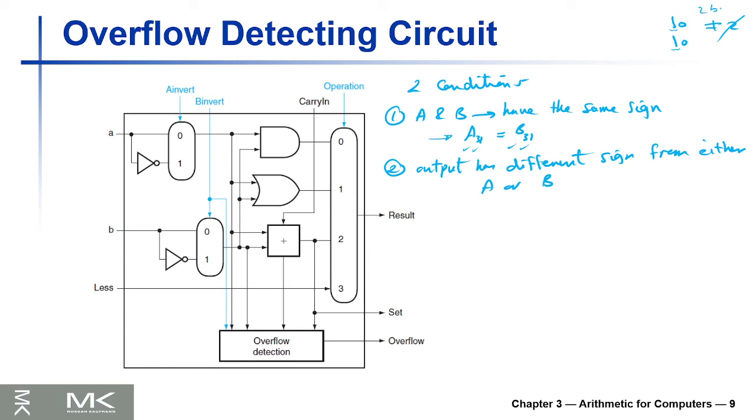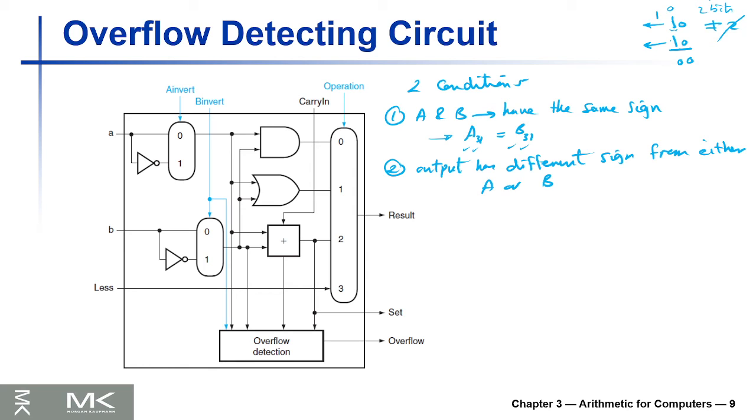So that means it's a 2's complement. So we should convert it back to its original form. Let's do the addition first, then look at the original numbers. 0 plus 0 is 0, and we have a carry of 0. Then 0 plus 1 is 1. 1 plus 1 is 0, and we have a carry of 1.